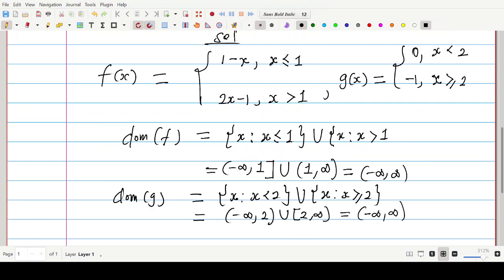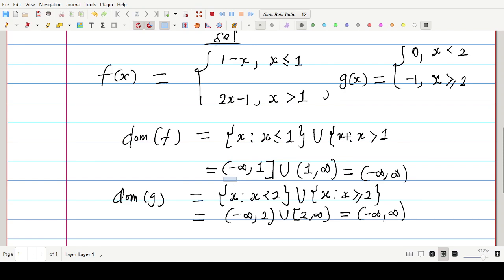Okay, now observe the first function carefully. This over here, observe this over here carefully. Now, if you observe this function, you will see that the value of the function is 1 minus x, and that holds when x is less than or equal to 1. In other words, when x is in this domain, look at it here. Can you see that?